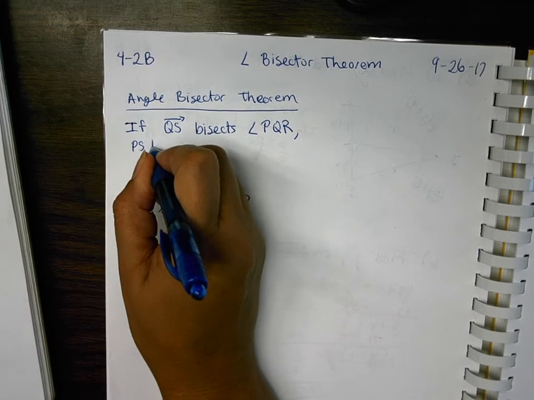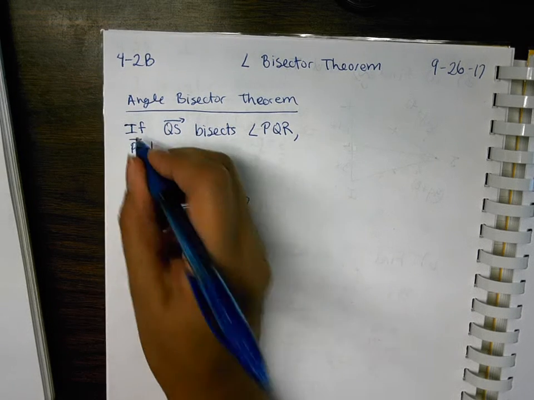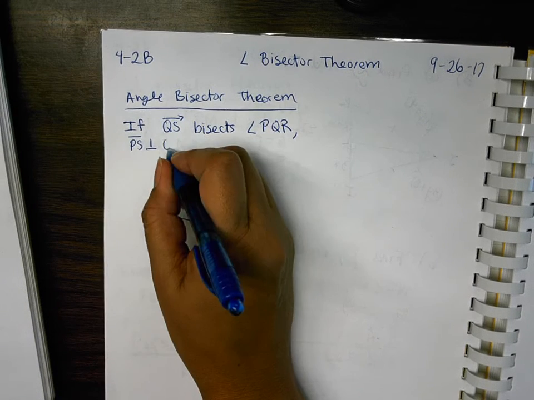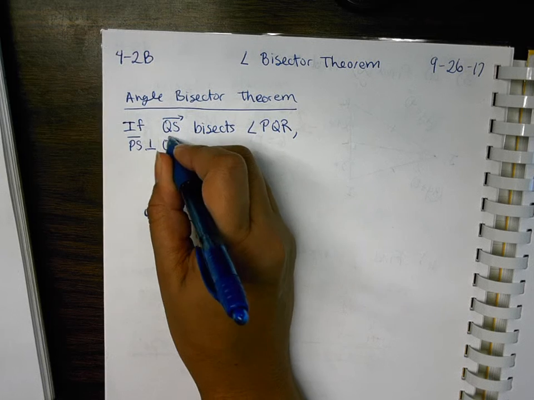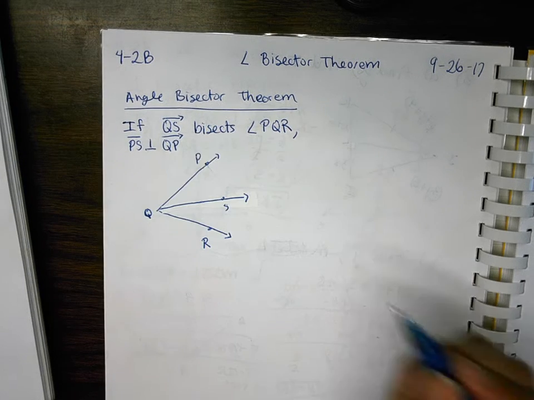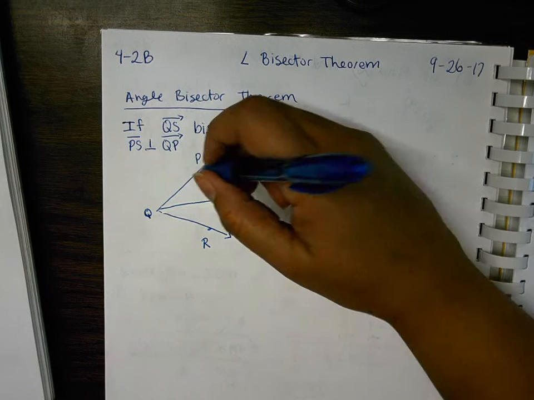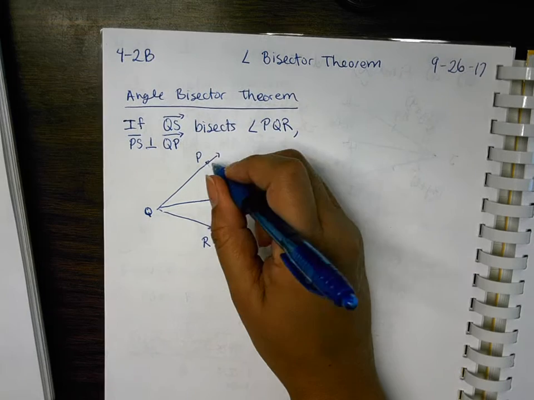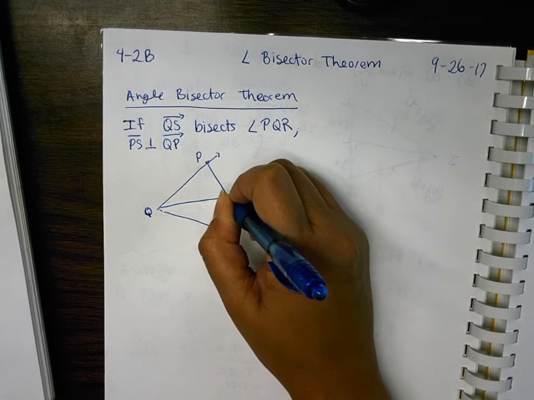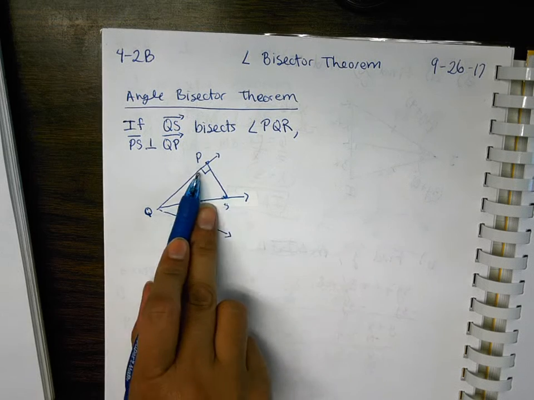PS is perpendicular. Remember the shorthand for perpendicular? PS is perpendicular to QP. All right, so I'm going to draw a segment right here, and I'm going to do my best to make it a right angle. Okay, so what does it say?